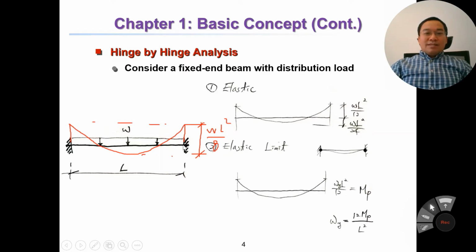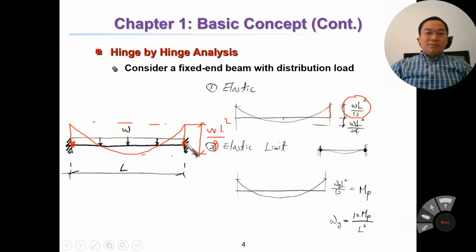Then the plastic hinge will occur at both fixed ends, because the moment at the fixed section is double that in the middle.